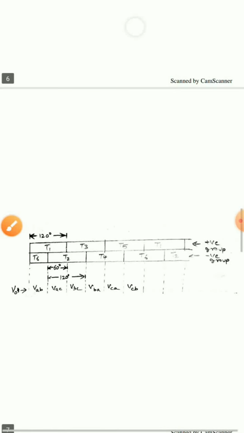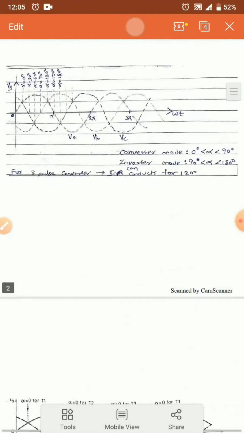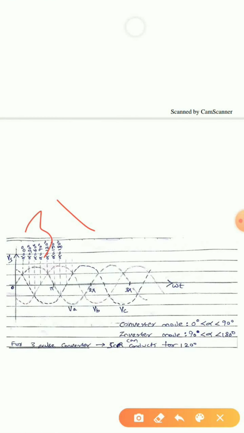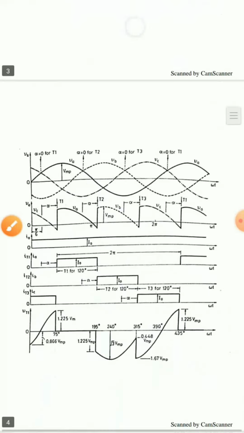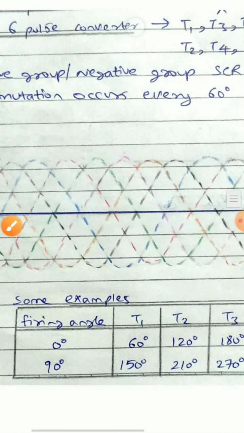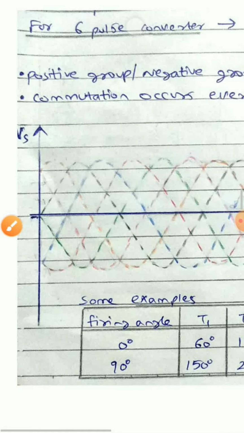Now as in the previous diagram, which we call the three-phase waveform, where I am considering the phase voltages, the similar thing I have sketched here. But here this is also a three-phase waveform, but here we have sketched using line voltages.